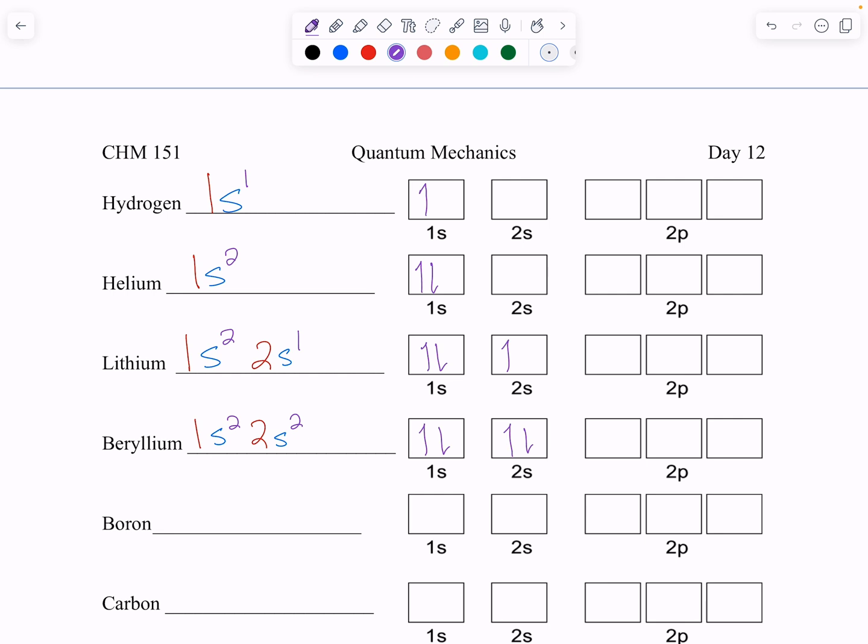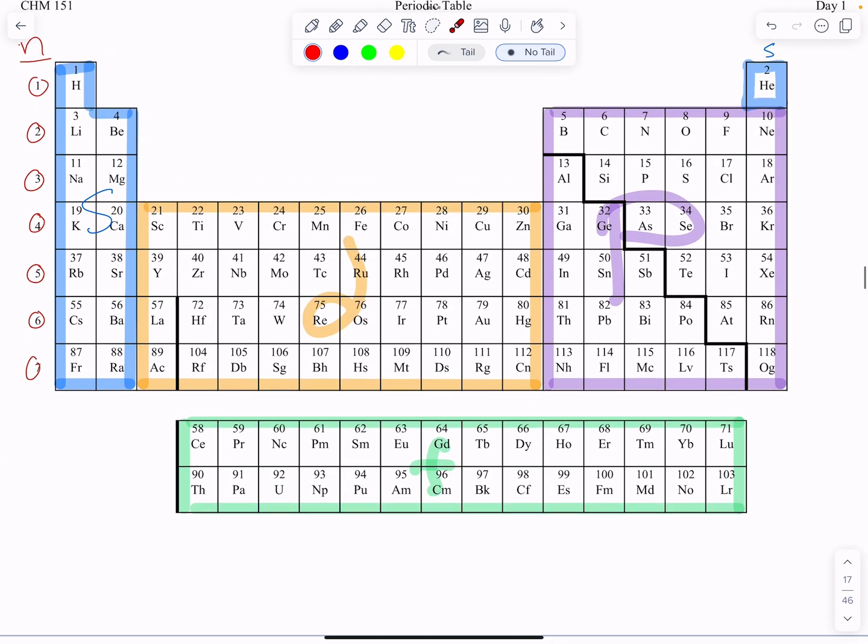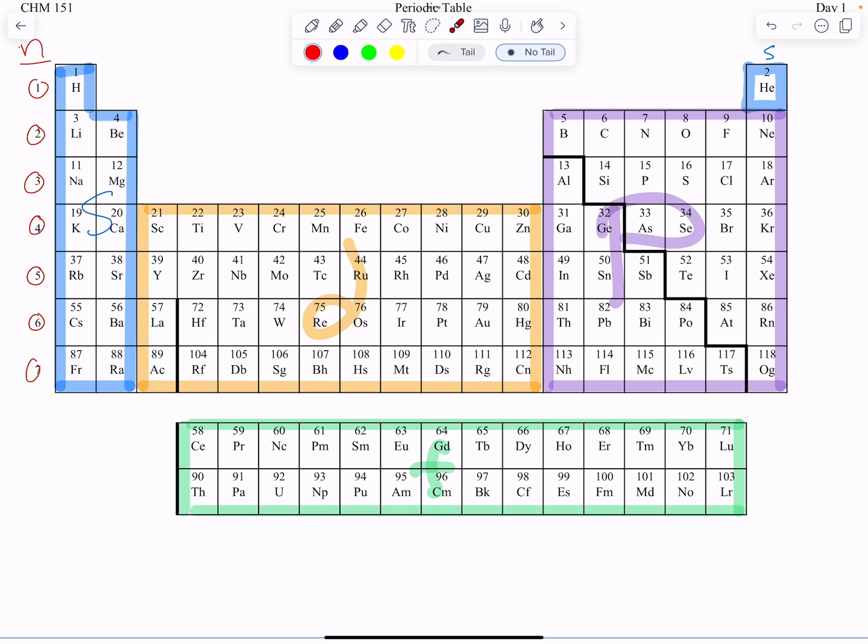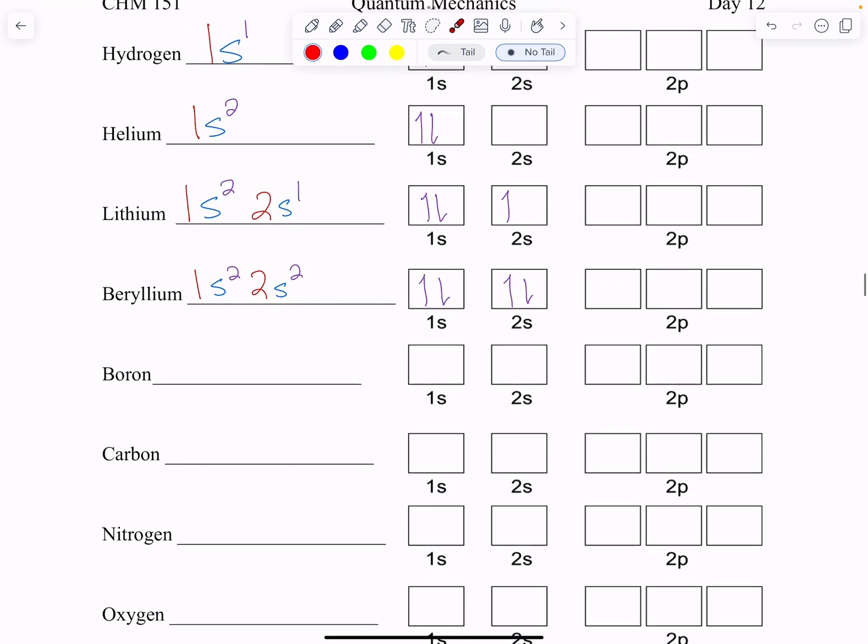Boron. So now boron, if we go back to the periodic table, boron, we go 1s1, 1s2, 2s1, 2s2, jump across to 2p1. And we're just going to continue on. So we have 1s2, and then 2s2, and then 2p1.